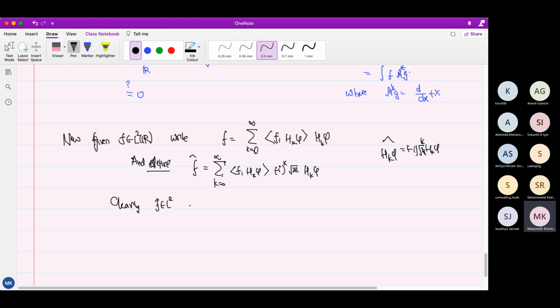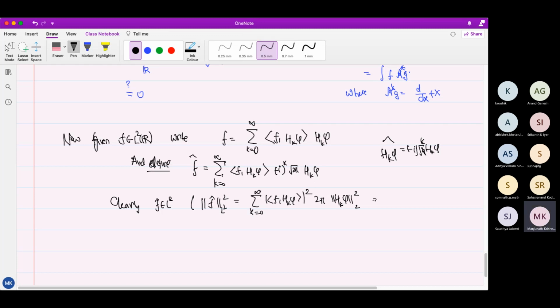So the L2 norm of f hat squared will be the summation of the coefficient squared, and then I get an extra factor of 2 pi times the L2 norm squared of HK phi.